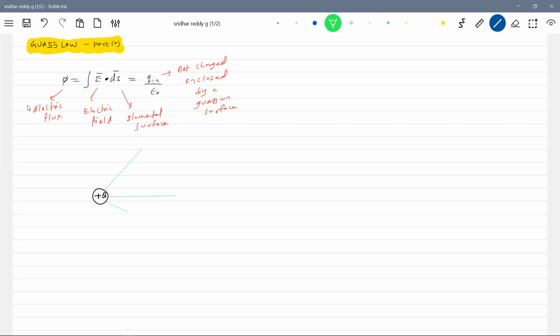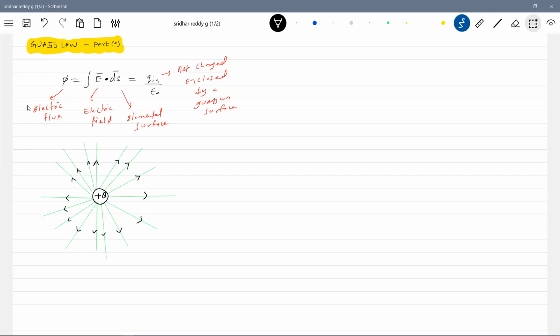I can assume any number of lines of force, as we know earlier. These are the lines of force due to a positive point charge.